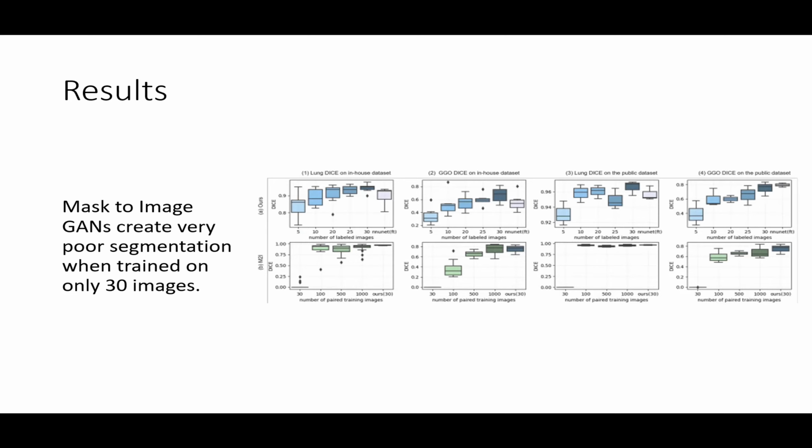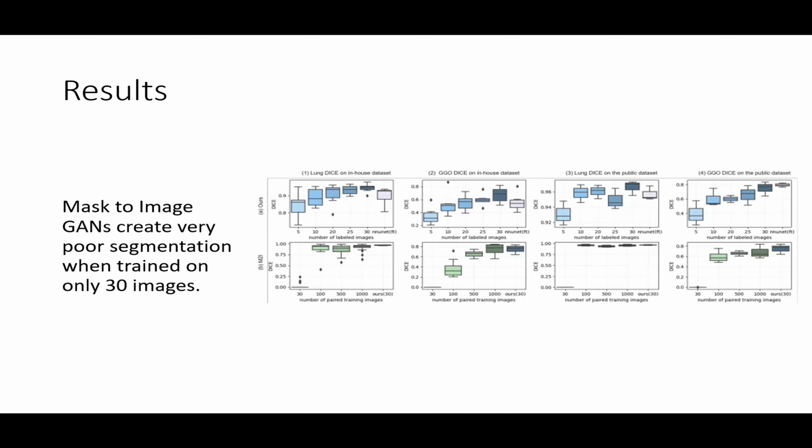The GGO is the cancer part. And then we have our own data set and a public data set. The main thing we can see here is that you have to look at the X scale. These are the scores we're getting with our algorithm on 5, 10, 20, 25, 30 trained images.